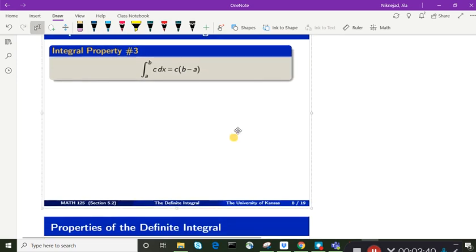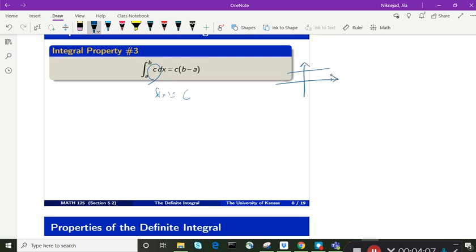Now, integral property 3, the integral from a to b of c dx is equal to c times b minus a. What does this mean? Look at the integrand. What is the integrand? The integrand is this part, right there. That's the f of x part. F of x is equal to the constant c, that's the basic.